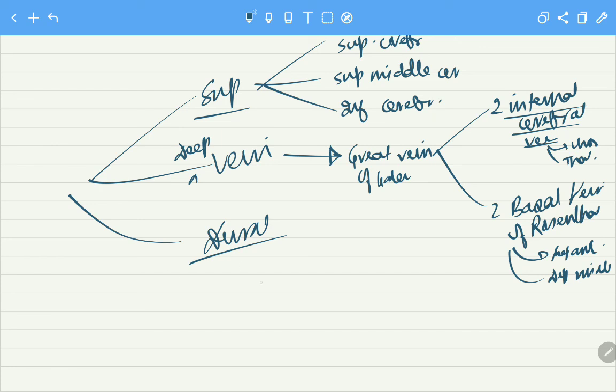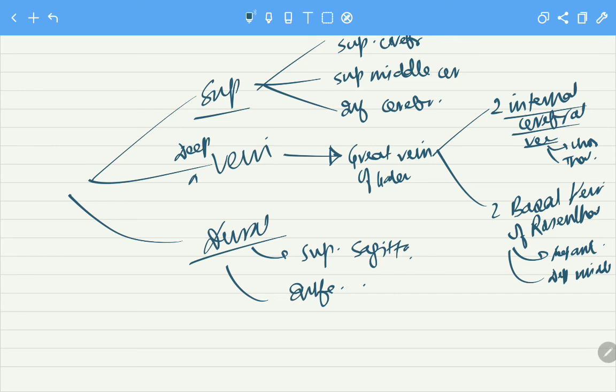Now coming on to the dural sinuses, all the superficial and deep veins ultimately drain into dural sinuses. There is the superior sagittal sinus and the inferior sagittal sinus. The superior sagittal sinus gets its blood mainly from the lateral and superior surface of the cerebrum through the superior cerebral veins.